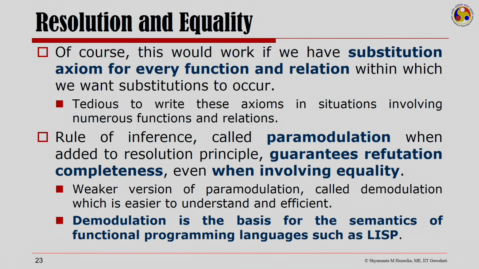There are other rules of inference called paramodulation, which when added to the resolution principle guarantee refutation completeness even when involving equality. There are weaker versions of paramodulation called demodulation, and demodulation is the basis for the semantics of functional programming languages like Lisp. However, for our discussion here, we will not cover these rules of inference.